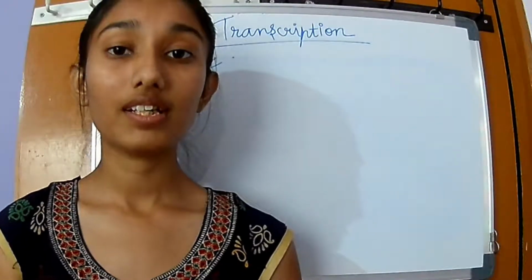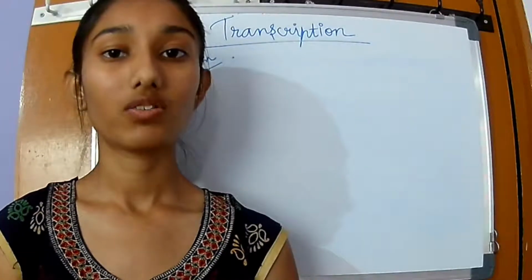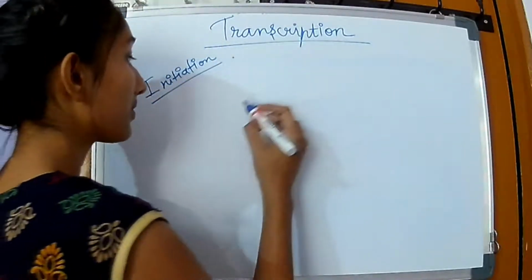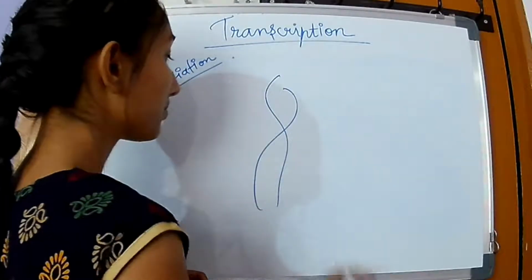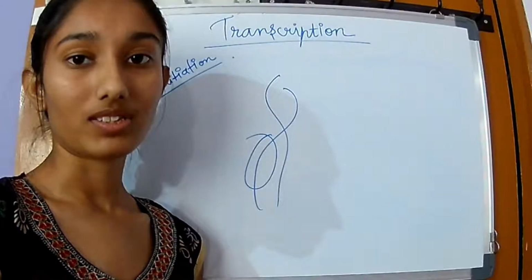Now, as we know, DNA is a double helix structure and we want only one strand to be transcribed. So what can we do in that case? Suppose these are the two strands, but we want only this strand to be transcribed.